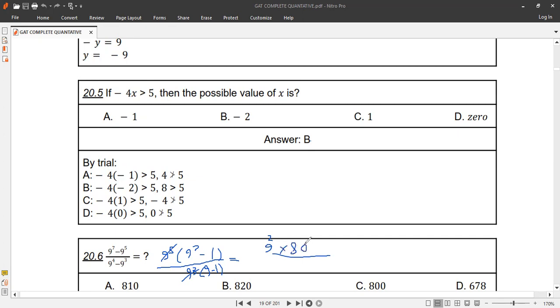Here 9 minus 1 is 8. So now we can simplify 80 with 8. We'll have 10. So 9 power 2 is 81. 81 multiplied by 10, any number multiplied by 10, we just add 0. So 810. So the answer is A.